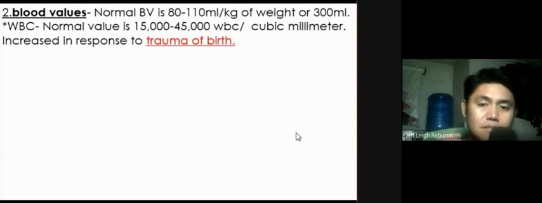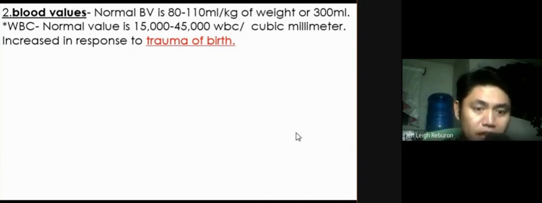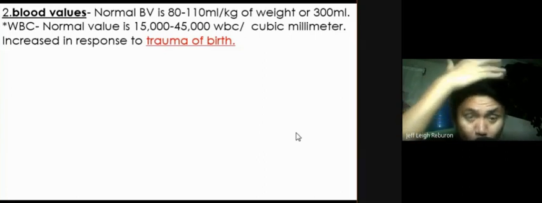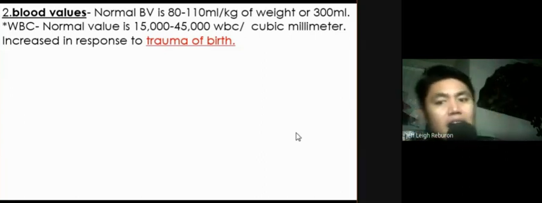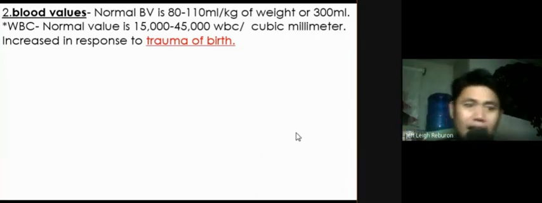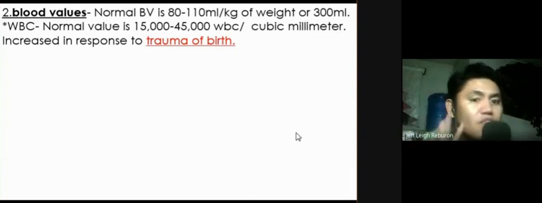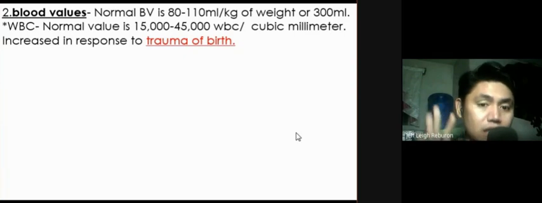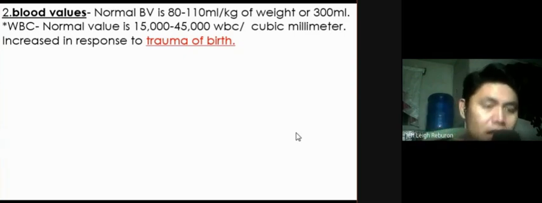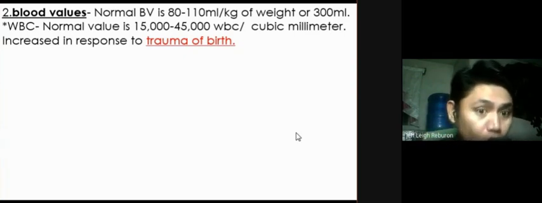Because the child has been exposed to trauma of birth dahil sa naipit-ipit yung ulo niya during delivery and things like that, tumataas ngayon si WBC. It becomes more than 45,000 WBC per cubic millimeter dahil sa trauma of birth.